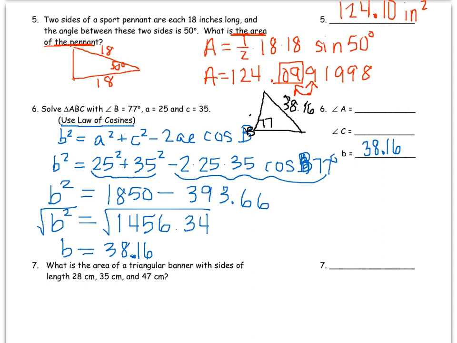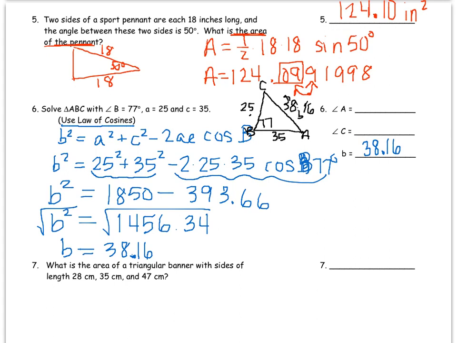Then I've got my side A, which is 25, so I can put side A here. And that'll leave me with angle A over here. And I've got my side C, which is 35, so if I put 35 here, that'll give me angle C up here. So I sketched a triangle. Now we just need to go through and finish solving this triangle.